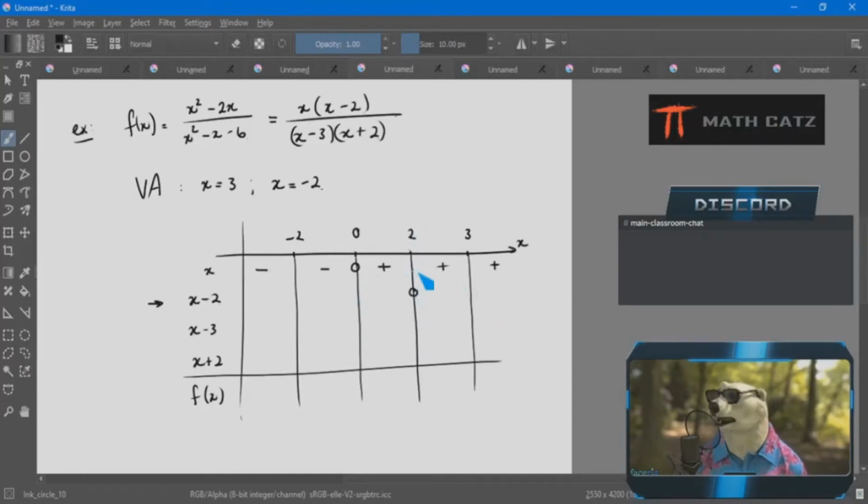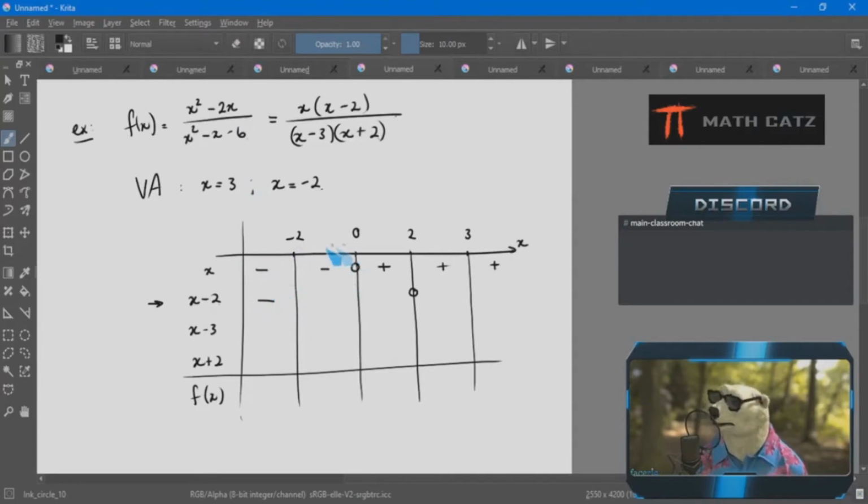Anywhere else, it's either positive or negative. So when I have a number in this interval, less than -2, if I plug that in, like a -3, for example, I get -3 minus 2, which is -5. So I get an answer that is negative. And that's going to be the same for all of these in this interval.